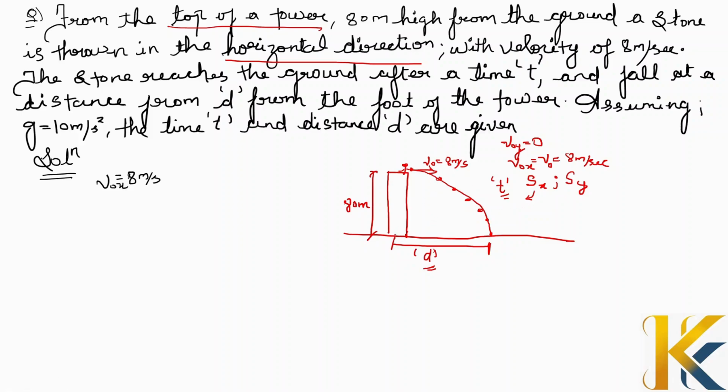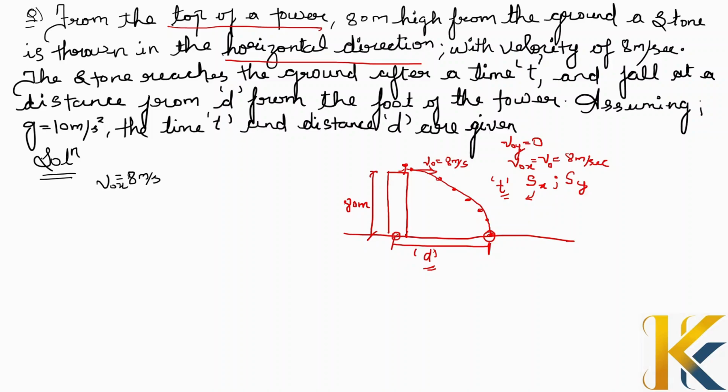I told you in the previous video, where I was explaining the displacement part, that you have to see the initial position and final position, and the distance between that initial and final position.